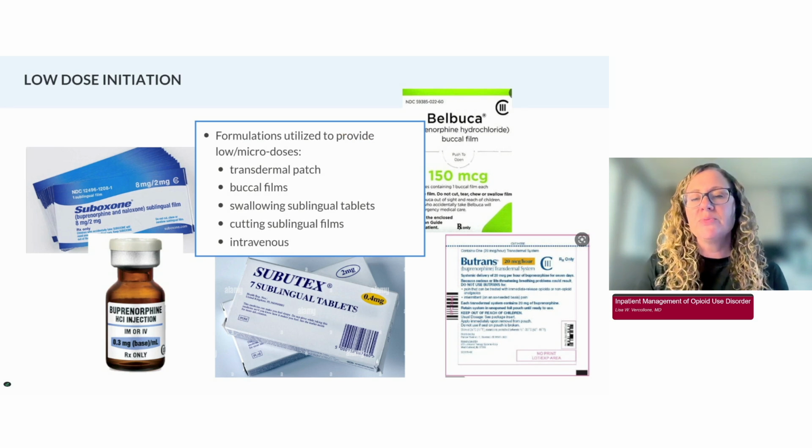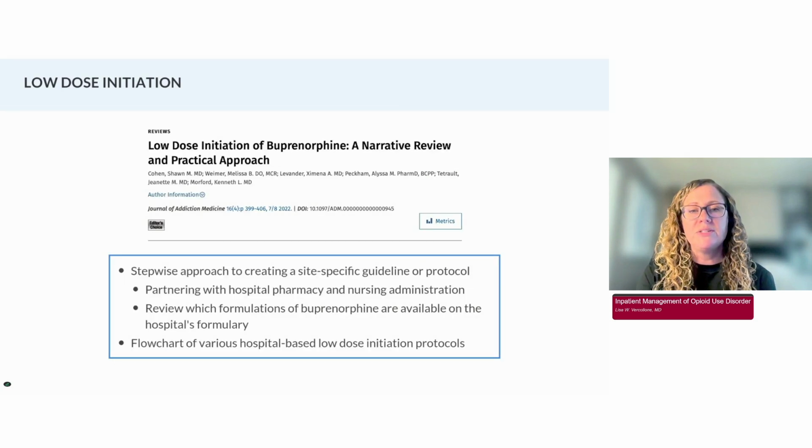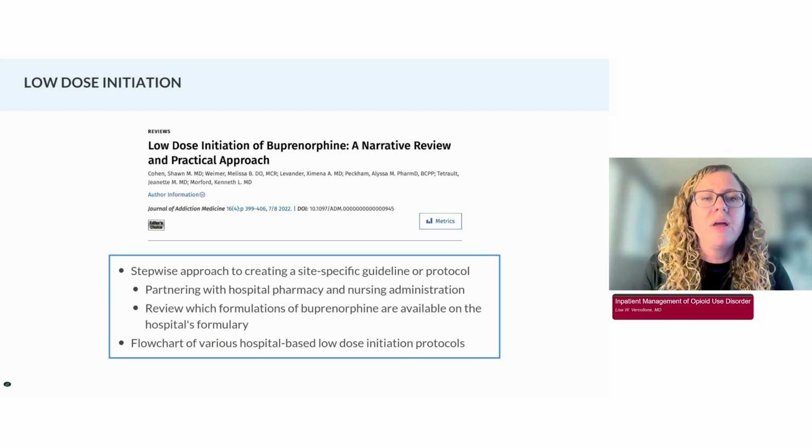And there are various ways you can do this. There are formulations that you can get microdoses from: transdermal patches, buccal films. You can have people cut the sublingual films. There are various ways to do this. If you are interested in getting this started in your institution, this is a great article to refer to, low dose initiation of buprenorphine.